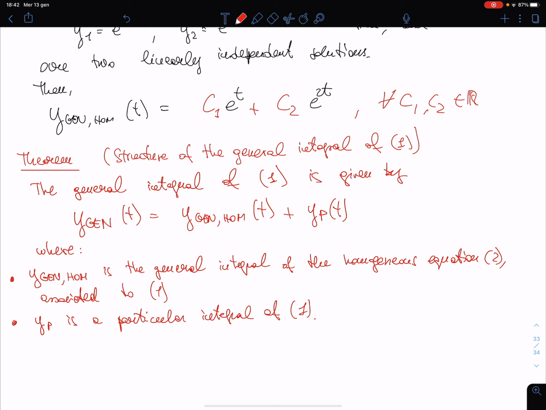Remember what I told you in the last video. Particular integral means a solution, an integral, which has nothing particular, a specific solution.